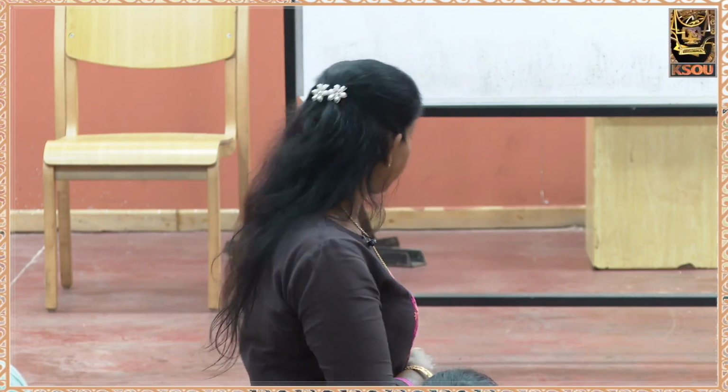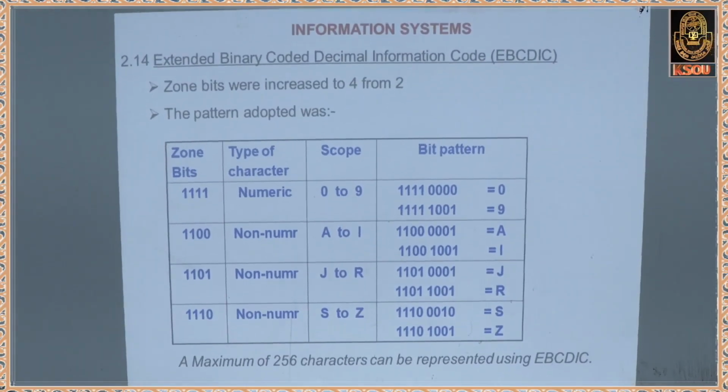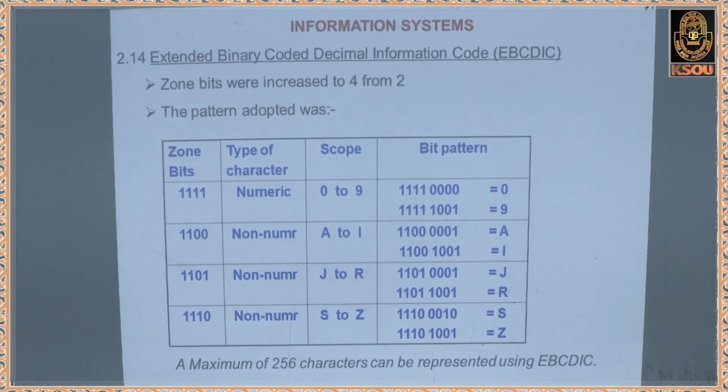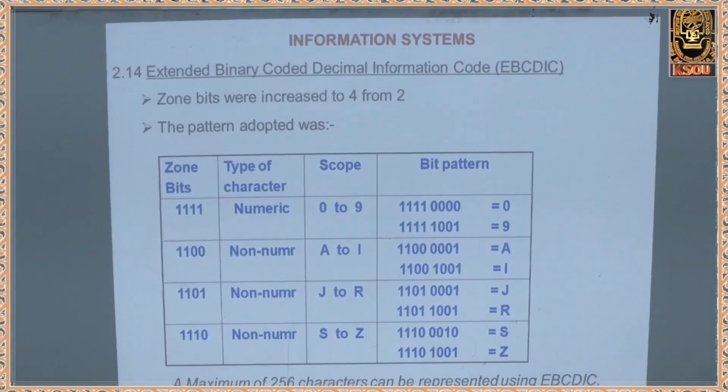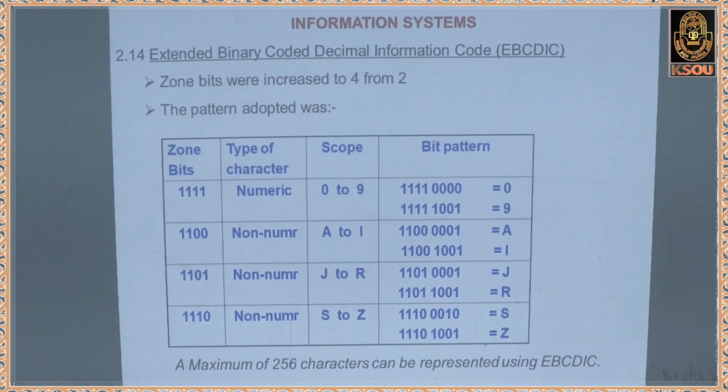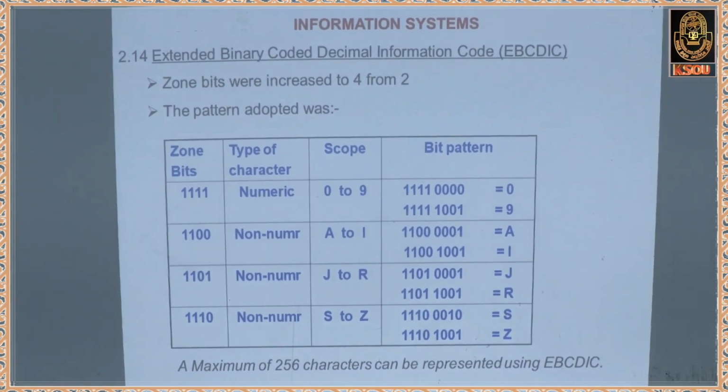Now EBCDIC, we read it as EBCD. EBCDIC. Please write down the expansion. These are all definite questions. Sometimes they will ask EBCDIC, sometimes ASCII, sometimes BCD. Anyone they'll ask. Expansion, write down.